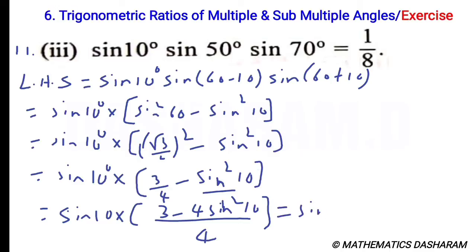So it is equal to sin 10 into, so better you multiply the sin 10 inside. So it is equal to 3 sin 10 minus 4 sin cube 10 degrees divided by 4.